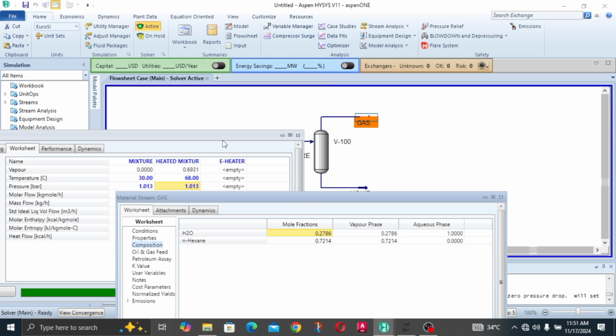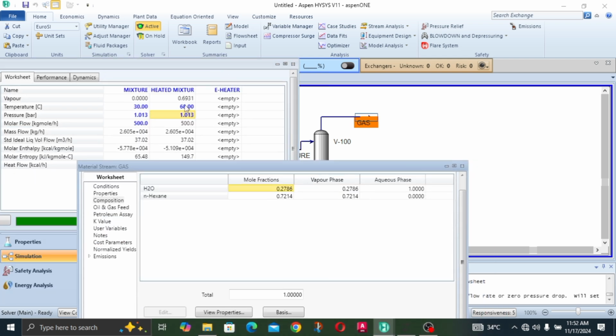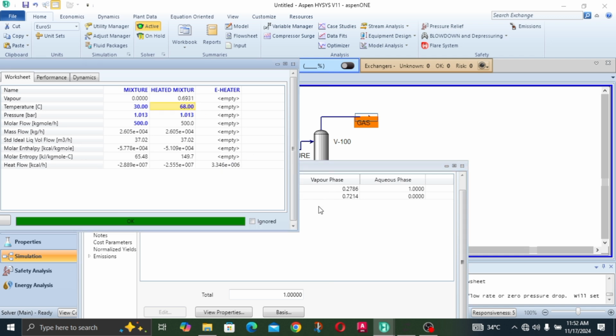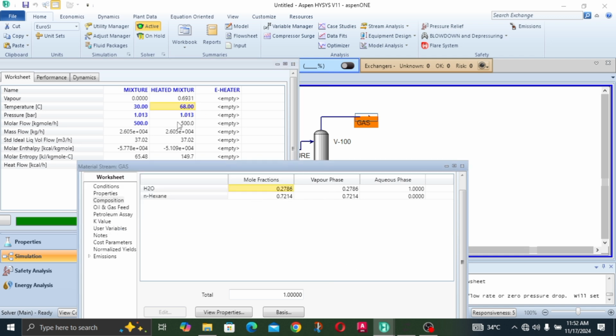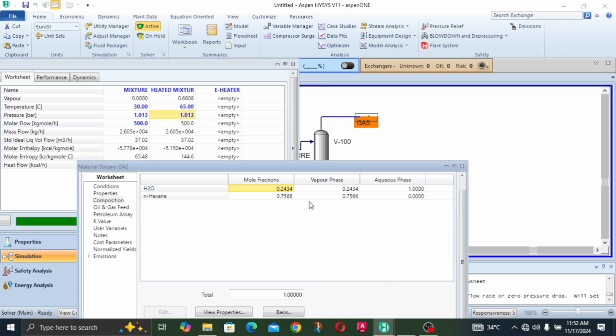All right, so as you can see, what we have right now is 27%. So let's just work with this too. Let's keep tempering with the temperature a bit to see how we can achieve an optimal separation. Let's say this is 65. All right.